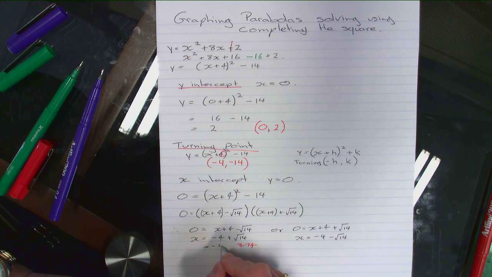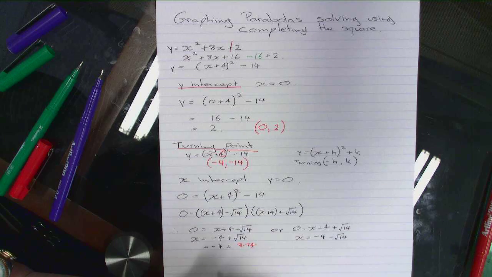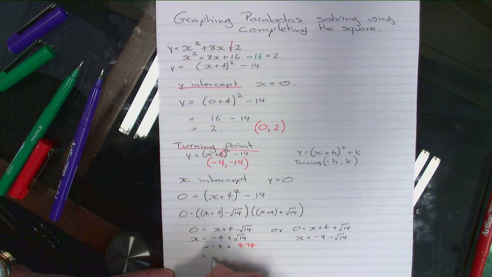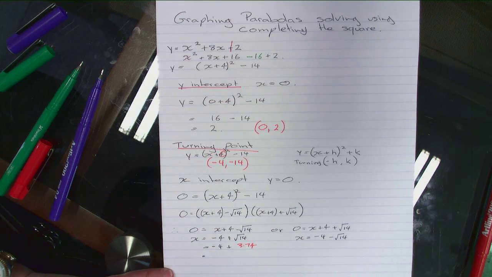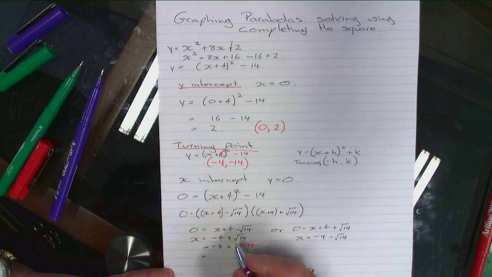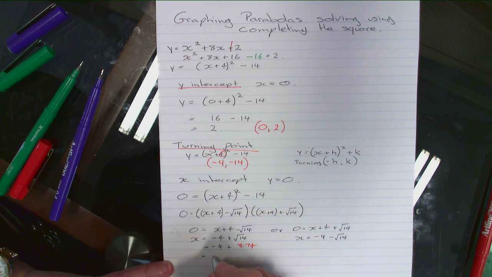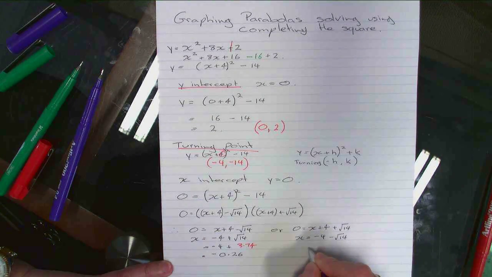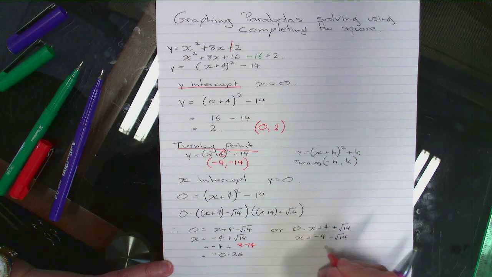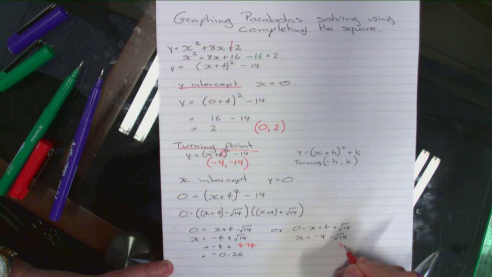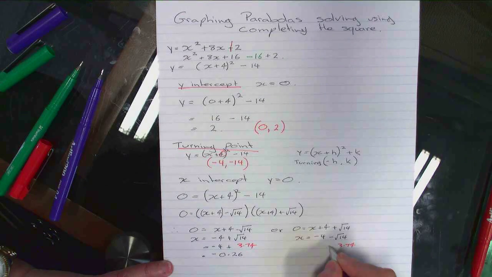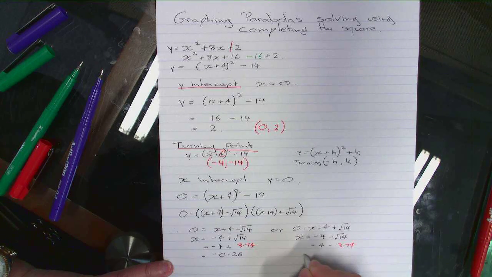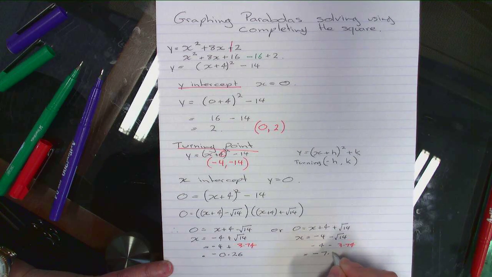So minus 4, and so that will be minus 0.26, and on this side that's going to equal minus 7.74.